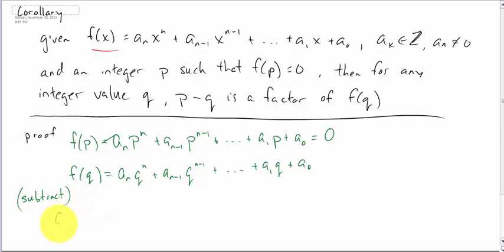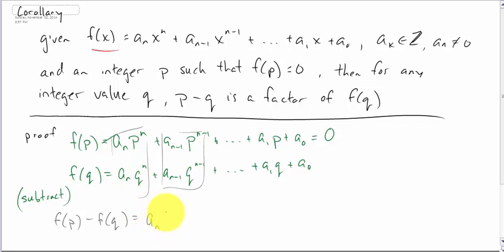So now we have f of p minus f of q. And if I group the terms that have the same coefficients here, we can factor out.